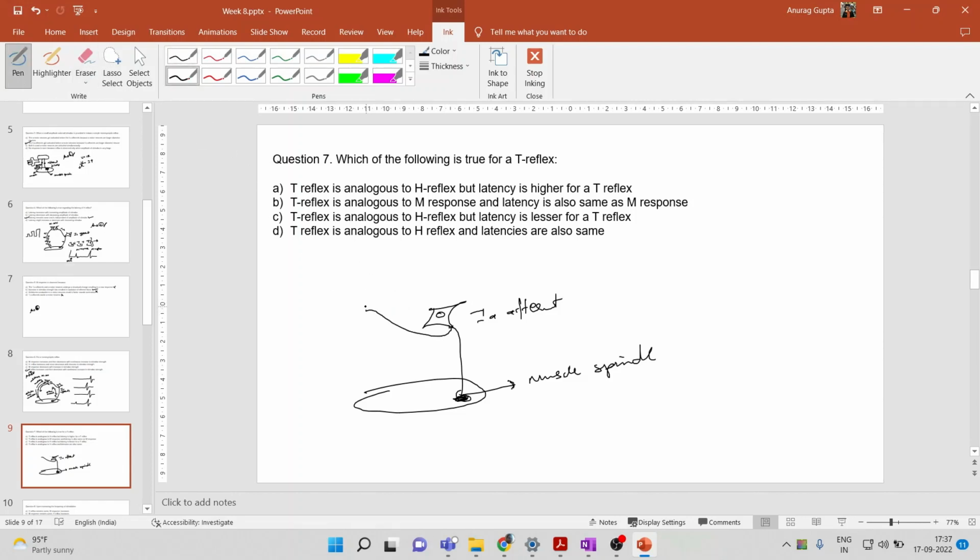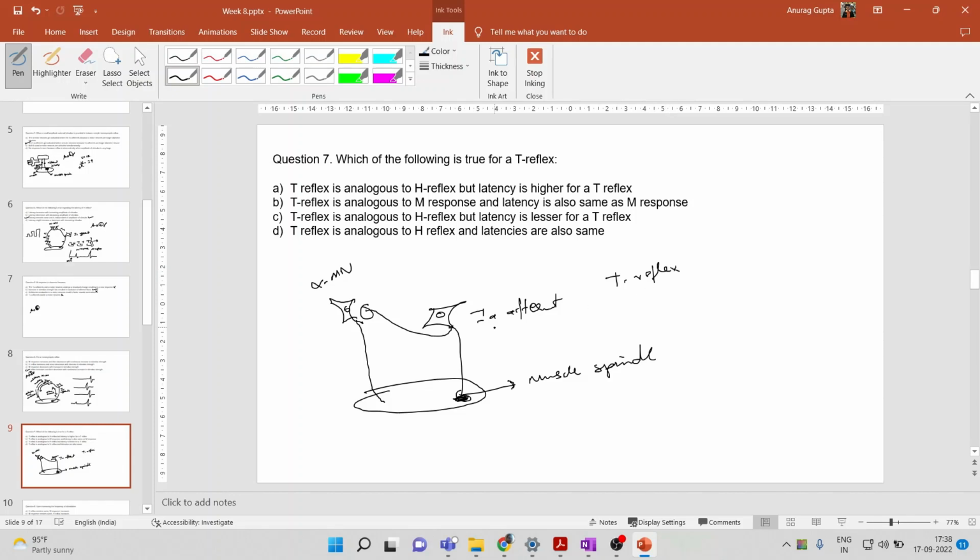This 1A afferent excites an alpha motor neuron, so this is basically a monosynaptic reflex. What happens is when there's a tendon tap, or there's a quick stretch in the muscle, the primary sensory endings of the 1A afferent start to fire, which are very sensitive to these quick stretches, and they in turn excite the alpha motor neuron, which in turn contracts the same muscle. So this is the T reflex.